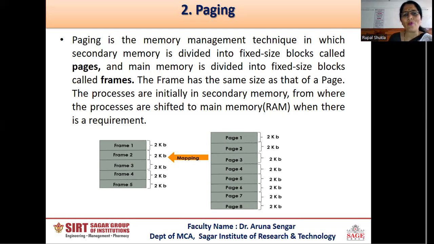And in memory, we have only 5 frames. So the operating system transfers the page required for execution to the main memory in a frame. At one time 5 pages can be kept in memory, but the remaining 3 pages cannot be kept.